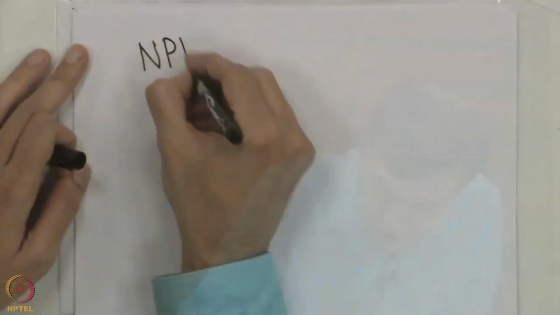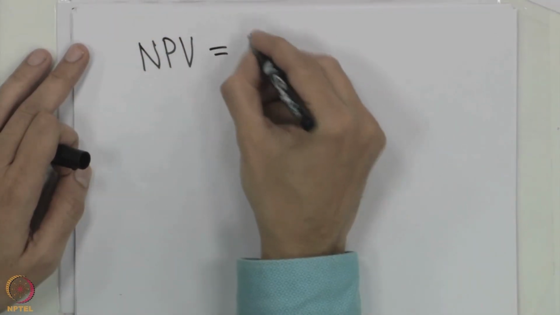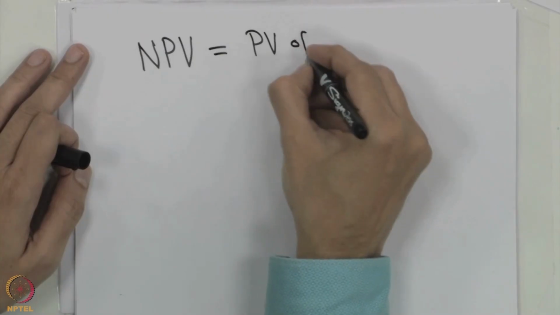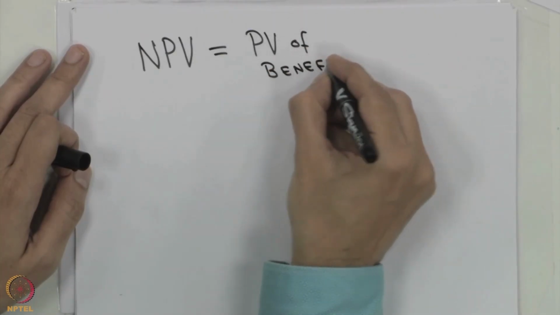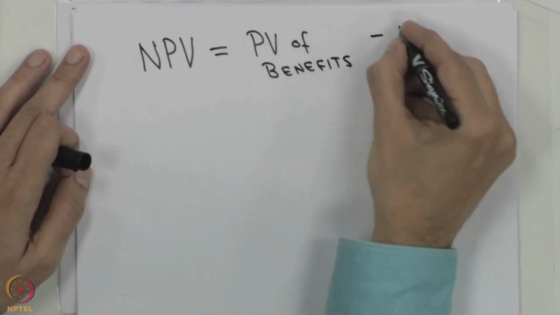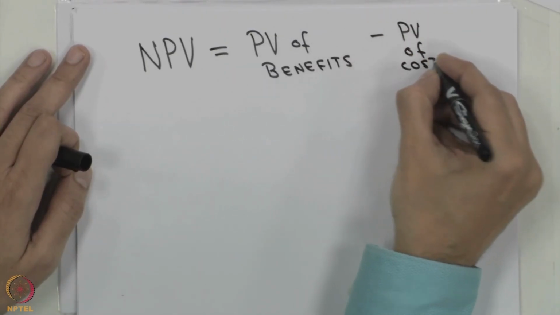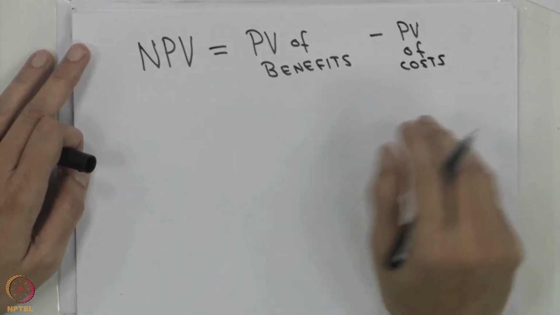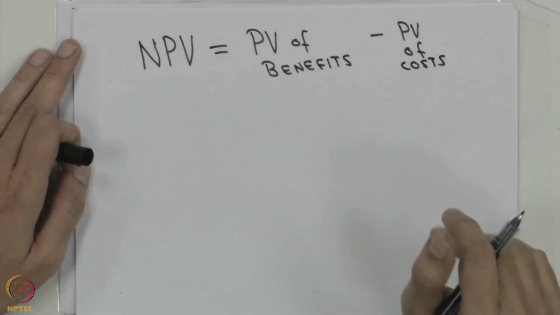All these three indicators are coming from the same equation. The first indicator is the net present value. Net present value is the present value of benefits minus the present value of costs. And this will be in money terms, in rupees, dollars, whatever is your currency.